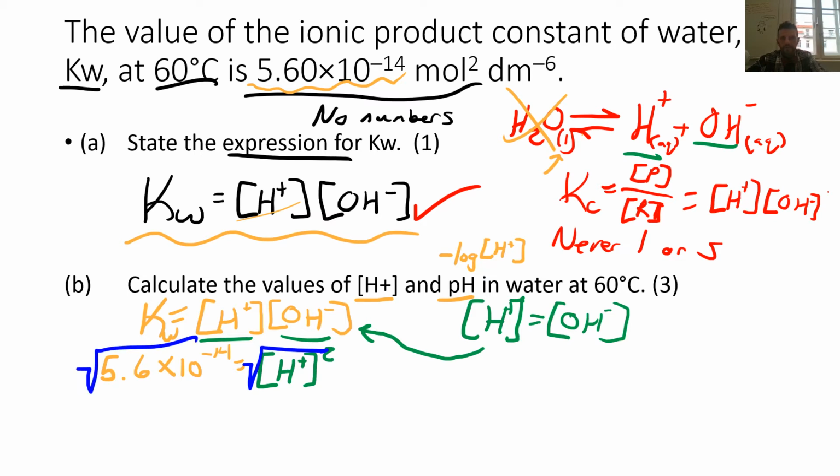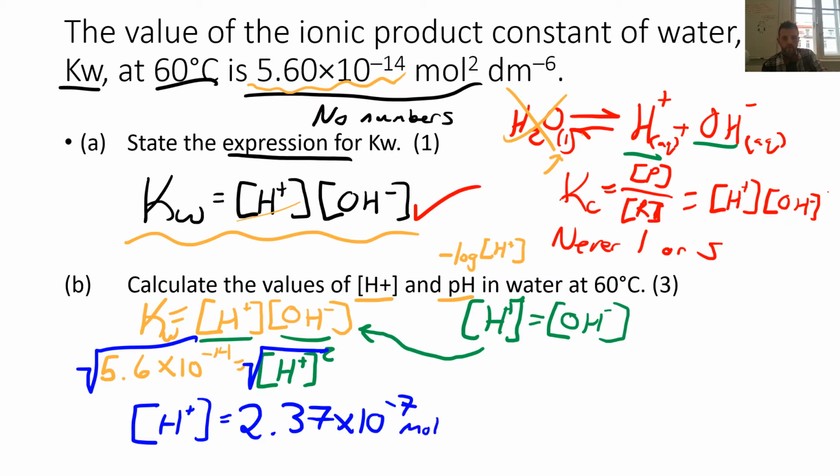And I have to pause right now because I don't have a calculator. I'll be right back. All right, so I put it in my calculator, and I get the concentration of H plus is equal to 2.37 times 10 to the negative 7 mole decimeter cubed.